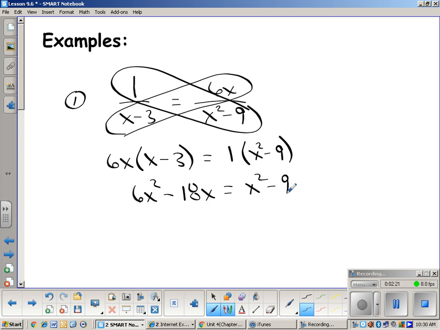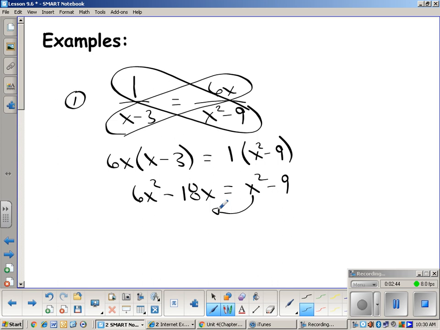Remember how to solve quadratics? Can we do... Yeah. Can you say that in words? Yeah, move that over. She's saying, can I just move this over here? And that's exactly what we do.